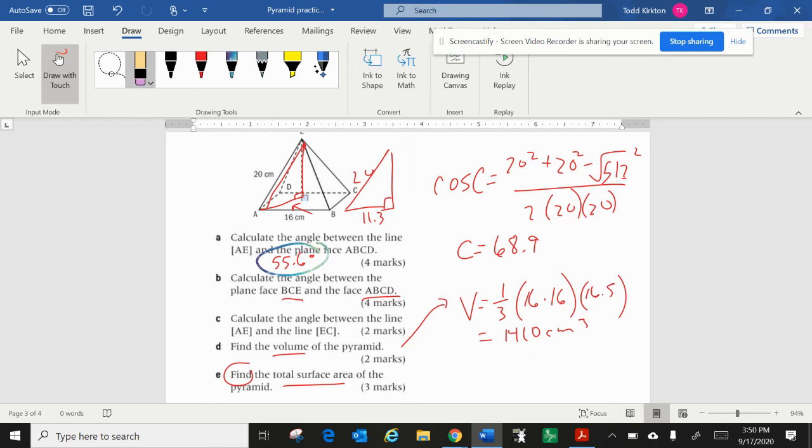So total surface area of the pyramid, first of all, we need to find the area of the base, which is a square. So 16 times 16. Plus I have 4 triangles. And these triangles, I know some stuff about them.